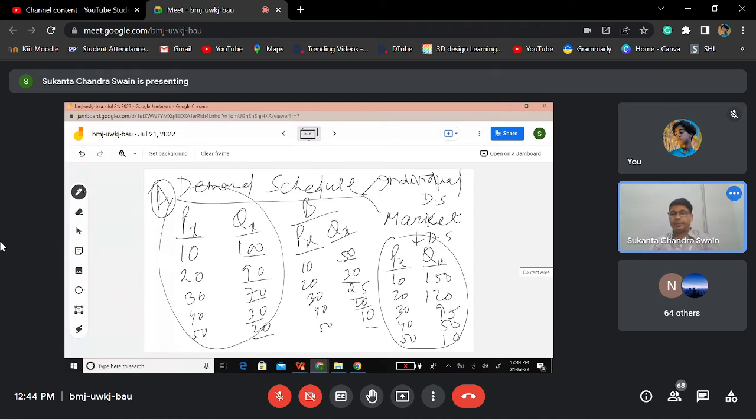Is it clear? Sir, A and B are two individuals. Yeah, A and B are two individuals. So we are adding all the individuals' demand to get the market demand. Similarly, suppose 20 individuals are consuming one product, then all 20 individuals' demand will be added.